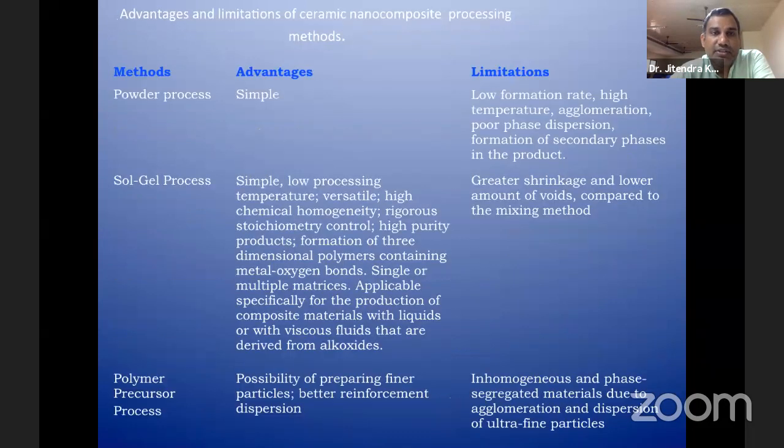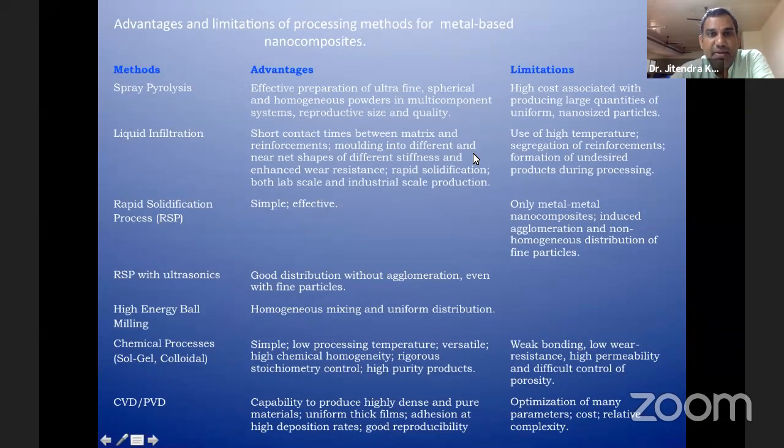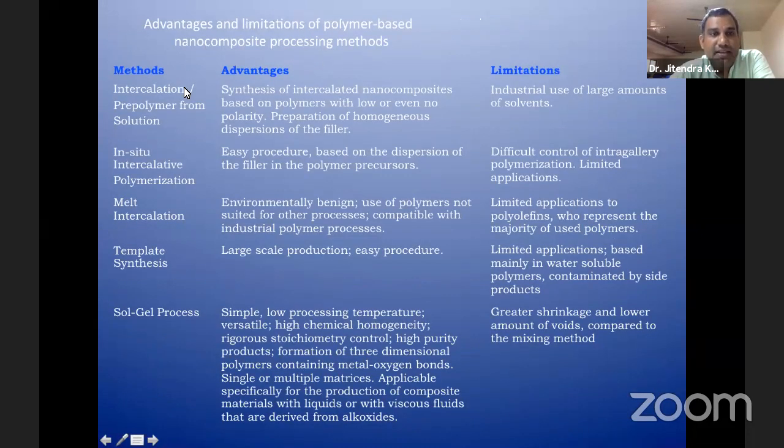methods. These are methods used in ceramic based, and these are the methods used in metal based nanocomposite. And these are the methods used in polymer based nanocomposites: melt intercalation, in situ intercalative polymerization, or pre-polymer from solution, sol gel process.